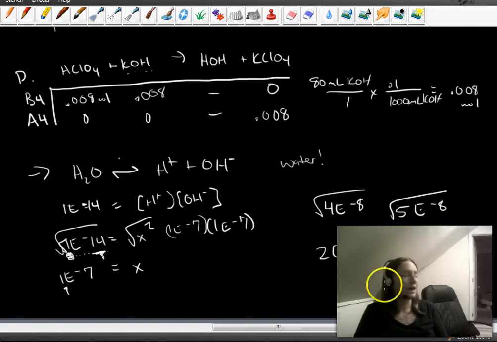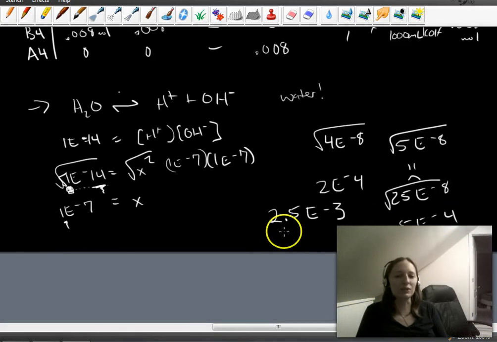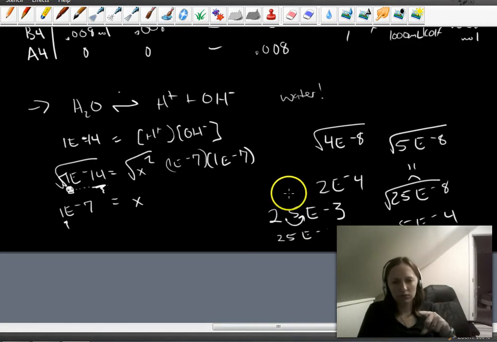Right. And you can even do this one, 2.5 e to the negative 3. Because you can fiddle with it and force it to be 25 e to the negative 4.